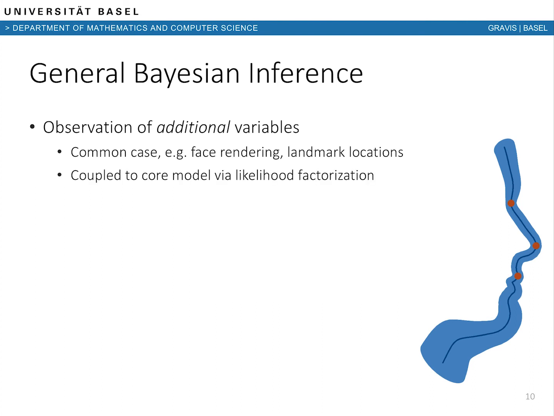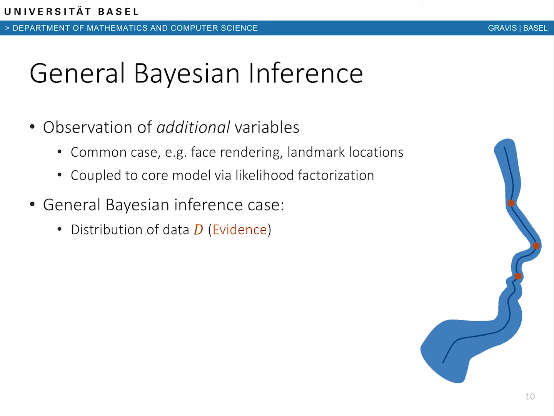However, we could still couple these more general observations to our core model via this likelihood factorization. And it all works as introduced above, but just uses a little bit more complex likelihood. So in this general case where Bayesian inference is mostly applied, we would talk of the evidence we had above as simply data. This is the data we observe, and it doesn't have to be a directly modeled variable, but can be integrated using a likelihood.